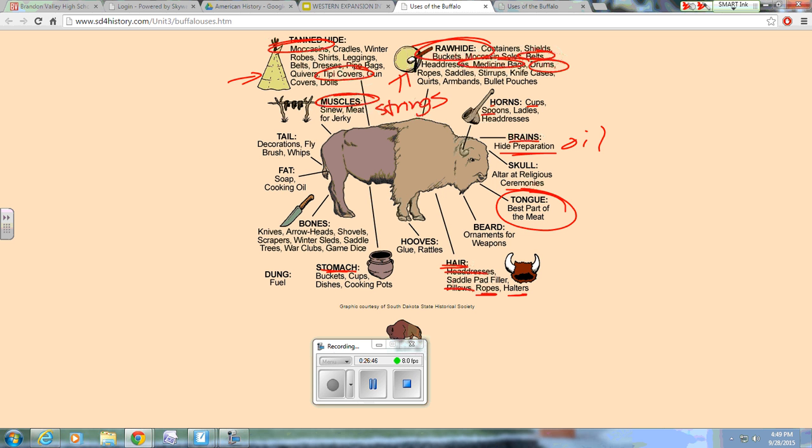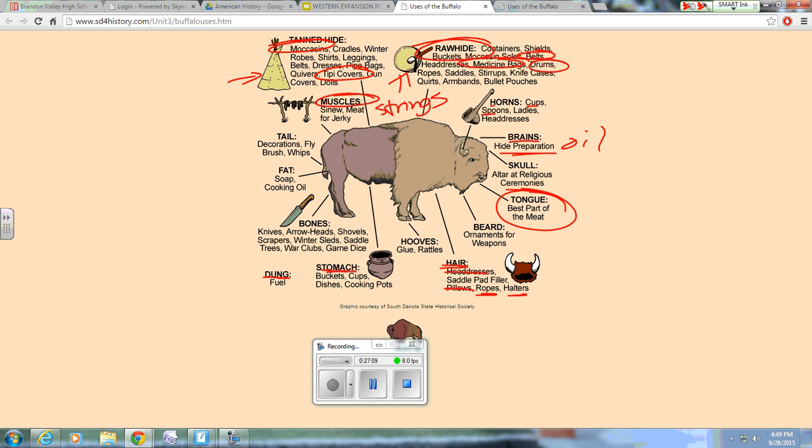Stomach was used as buckets, cooking pots, cups. A lot of you maybe said you heard they used them as canteens. That's true. Dung, what is dung? Yeah, it's poop. It was actually burned. They called them buffalo chips. Well, we called them buffalo chips, but they were burned for fuel for the fire.